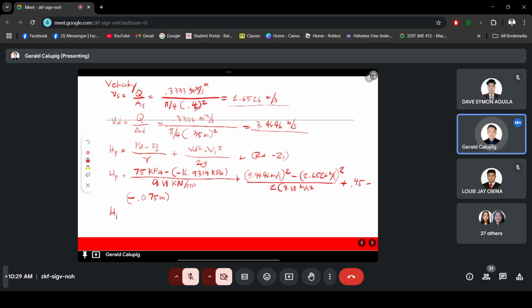We can have our value of our HP is equal to what? 75 minus negative 16.9319 over 9.81 plus 3.4646 squared minus 2.6526 squared over 2 times 9.81 plus 0.45 minus negative 0.75.